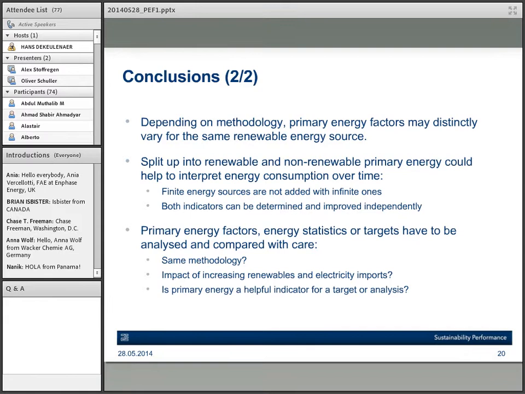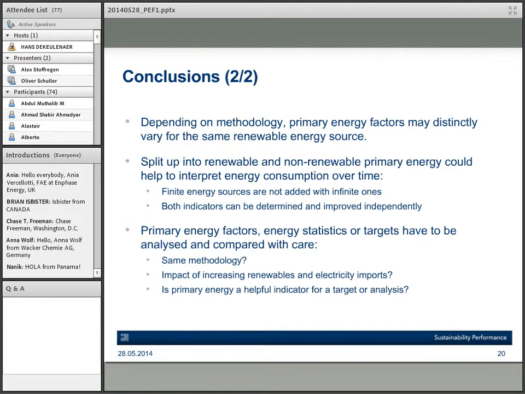And of course, at the end, I will choose the method which will give me the best results, if I want to express the advantage of a system or how I fulfilled a certain target. So there should be some rules for how these primary energy factors should be calculated.